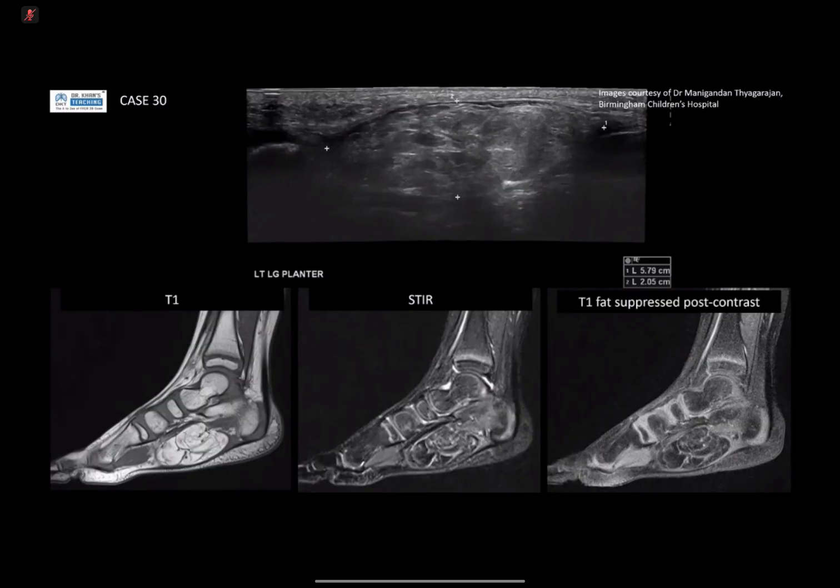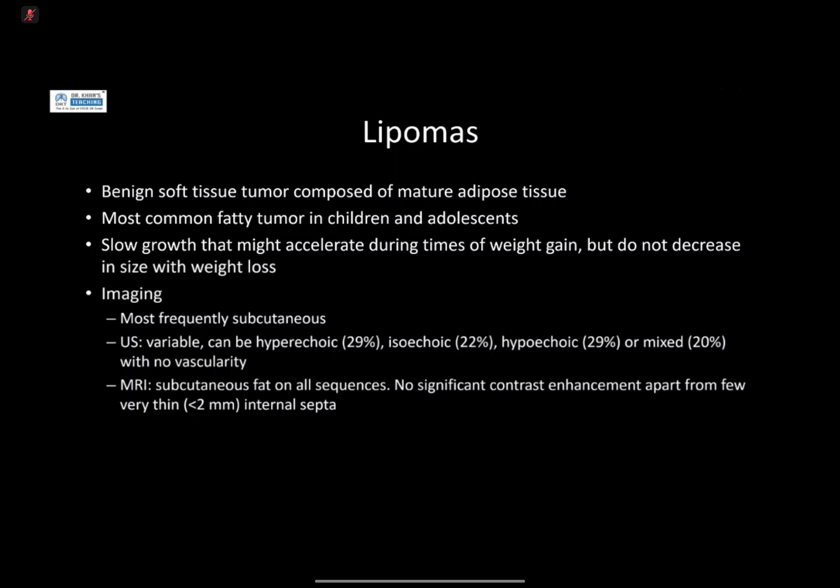On T1 fat saturation, this is partially suppressing, and on T1 post-contrast, there are some internal enhancing septae. So due to incomplete suppression and some enhancement, I'm thinking of a liposarcoma.